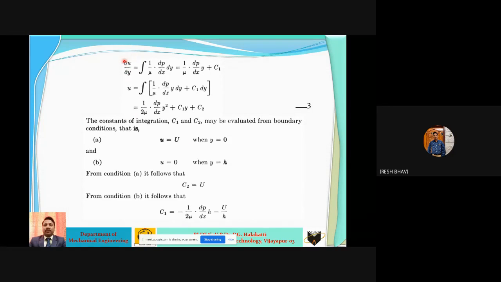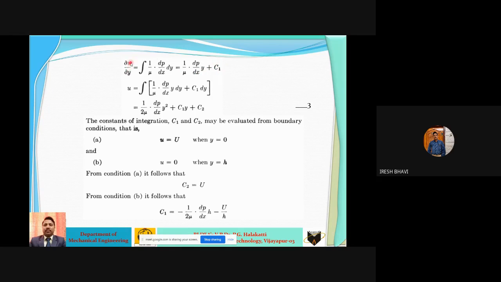If you integrate it once, what will it become? du by dy is equal to integral of 1 by mu dP by dx into dy. Integration of dy will become y plus an arbitrary constant c1. This is the constant of integration c1.